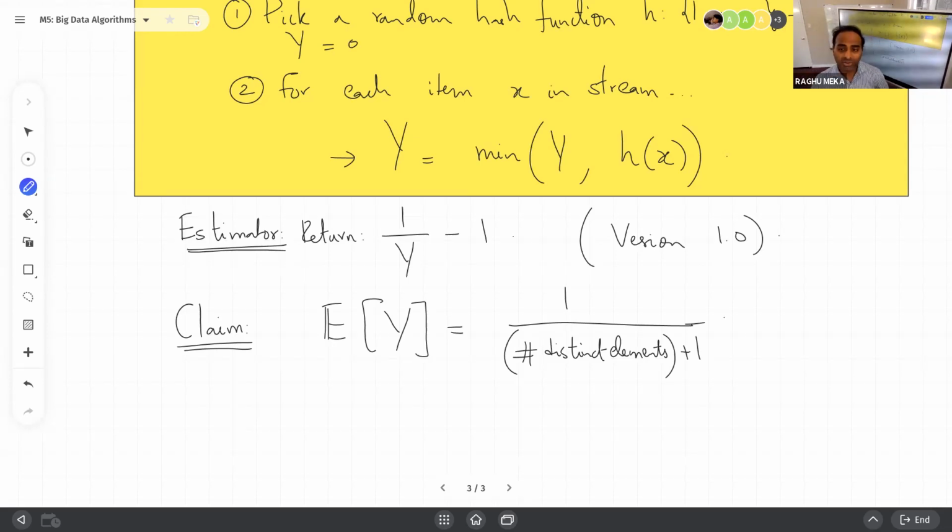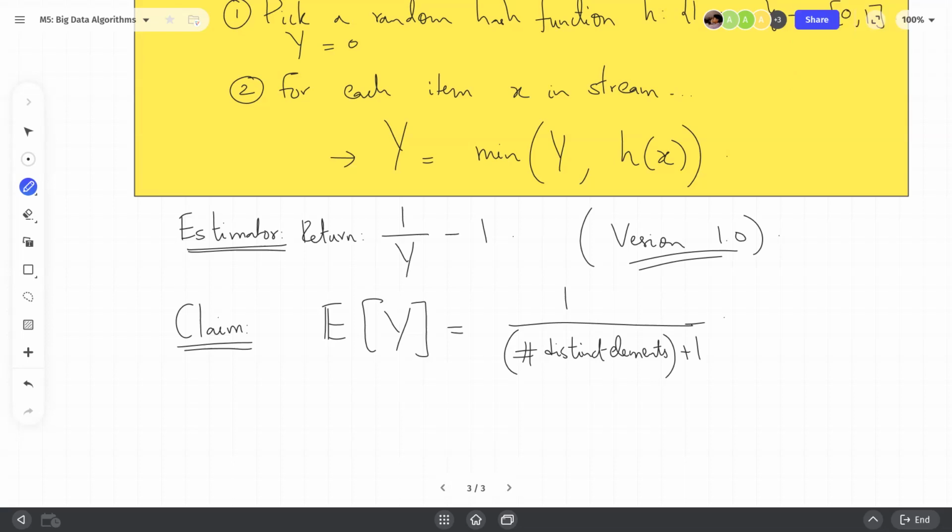You can actually show that whatever we're computing, this minimum value, its expectation is exactly 1 over the number of distinct elements plus 1. Okay, and that's why, strictly speaking, it's not really kosher to reverse these estimates, but that's why I said it's version 1.0, we'll revise it. But the idea is that if I keep computing this minimum, I'm just storing one real number for the entire stream. It doesn't even have to be a real number. Then its expectation is correlated with the number of distinct elements.